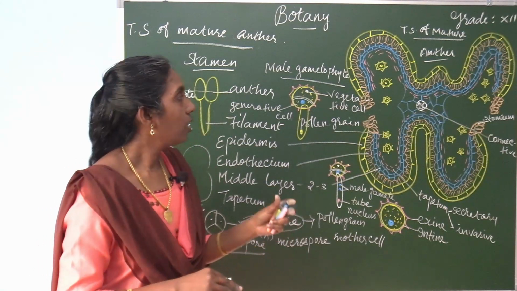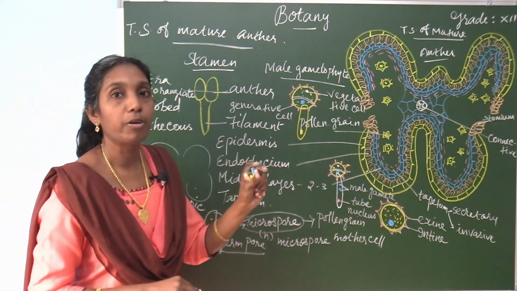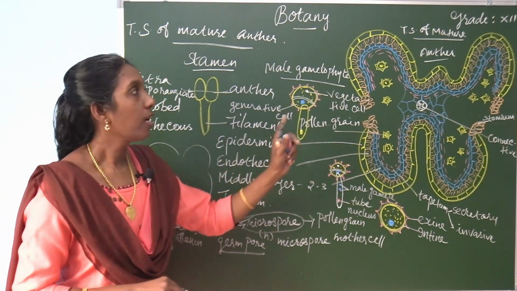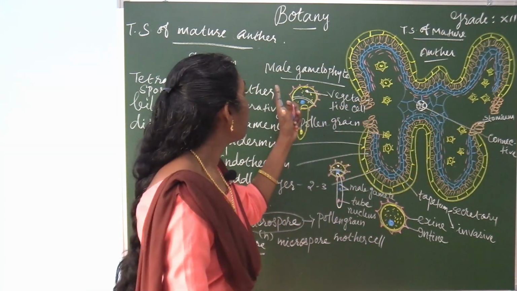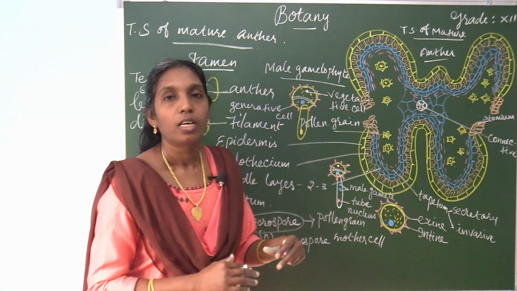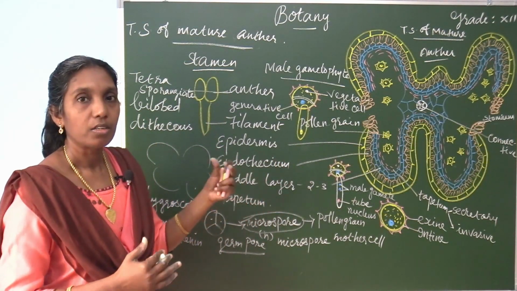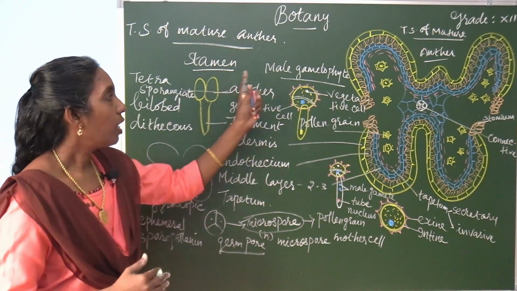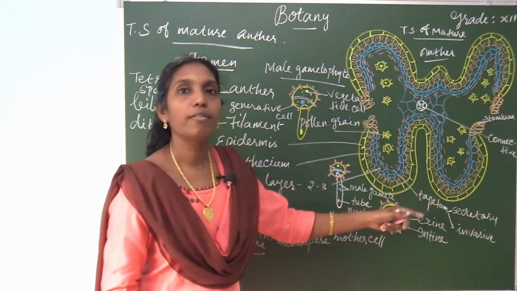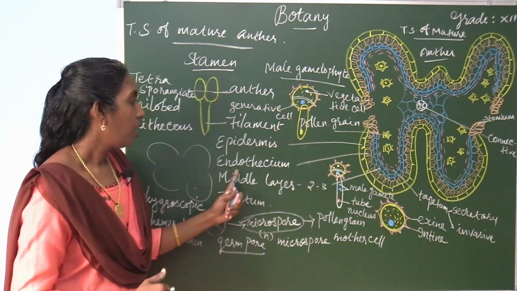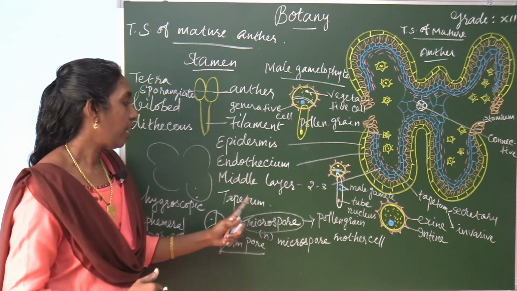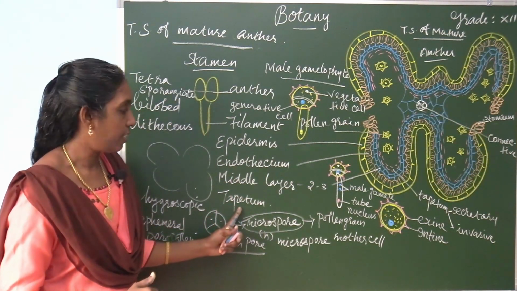Today you learnt in detail about two questions: the TS of the mature anther and the male gametophyte. In the TS of the mature anther, we give importance to the wall layers. There are four different wall layers, namely epidermis, endothecium, middle layer and tapetum.